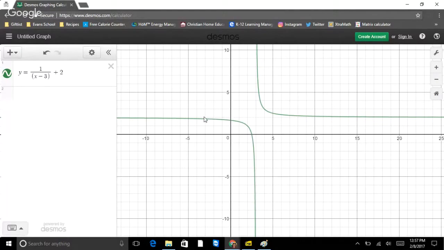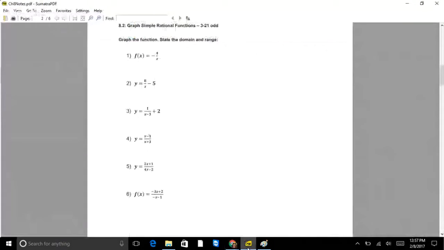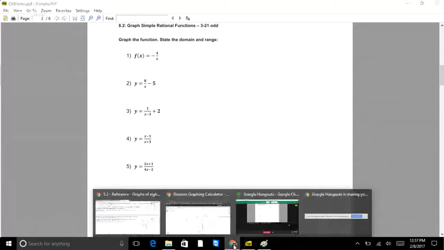We're going to get into some more complicated looking functions, and we can see what those look like. So we did 1, 2, and 3. Now we're going to do x in the numerator and the denominator. In the first 3 examples, x was only in the denominator, so I had basically a simple inverse function. Now I have x in the numerator and the denominator, so you can see how those play with each other on the graph.